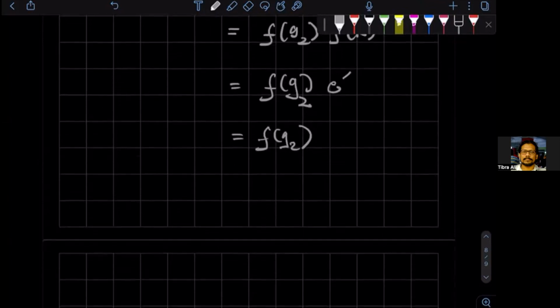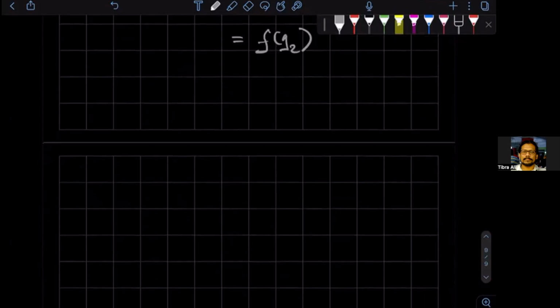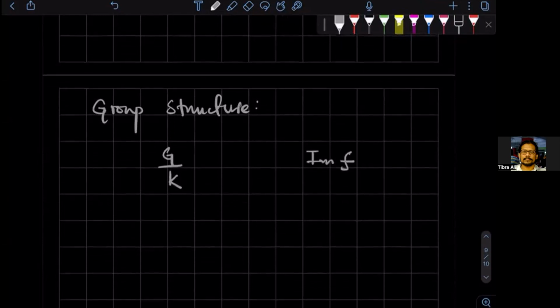All right, so next, let's look at the group structure. So what we have is that in G over K, and here we have the image of f, on one side, we have stuff like G1K times G2K, right?